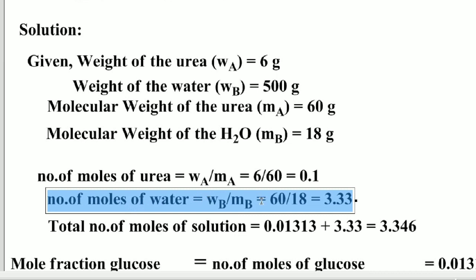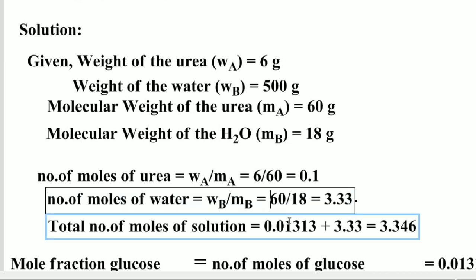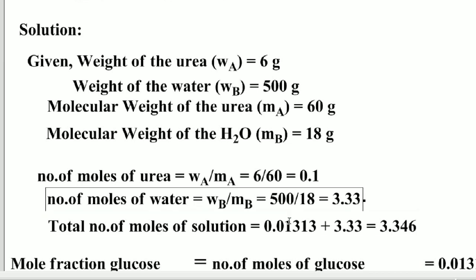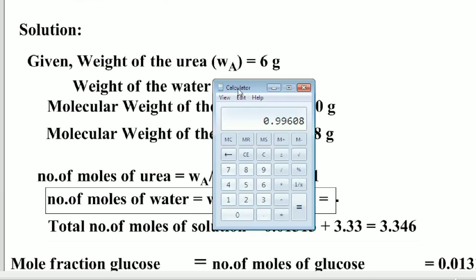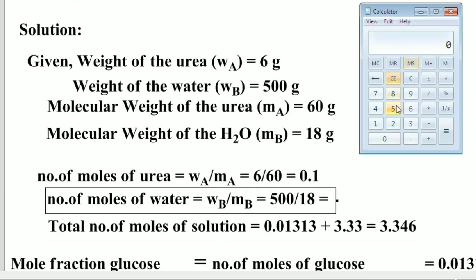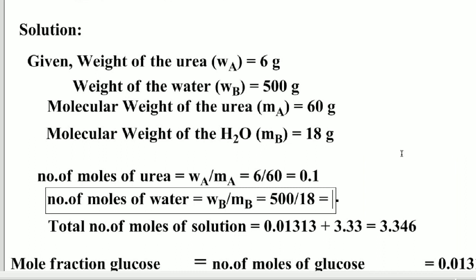Similarly, the number of moles of water equals the weight of the water divided by the molecular mass of the water, that equals 500 by 18. So 500 divided by 18 is equal to 27.77.